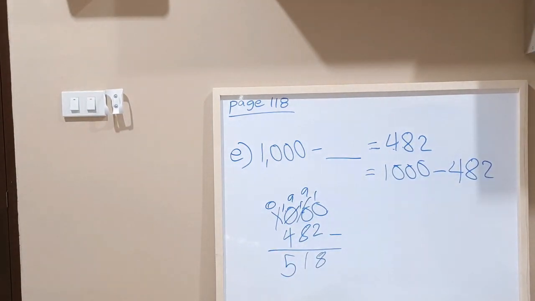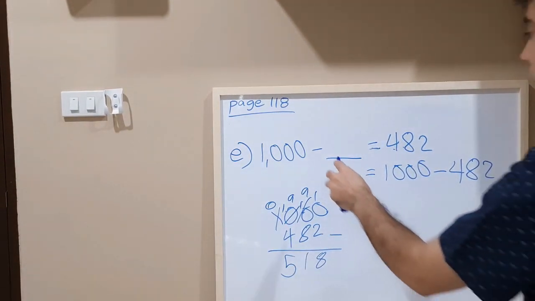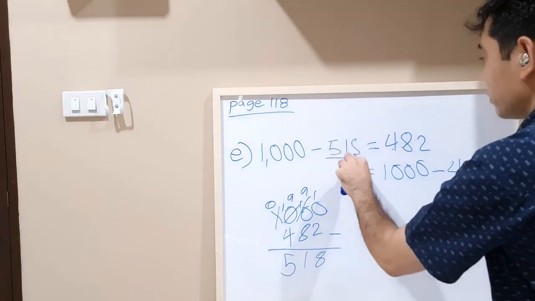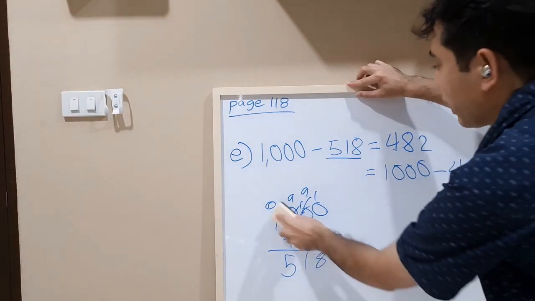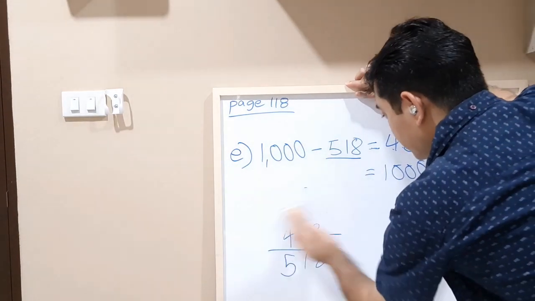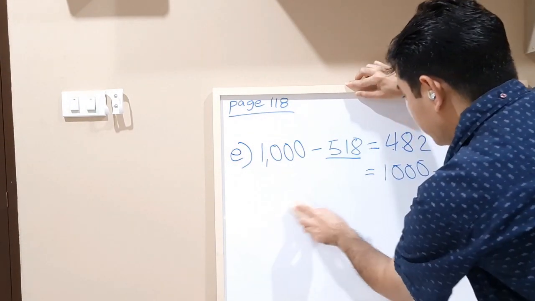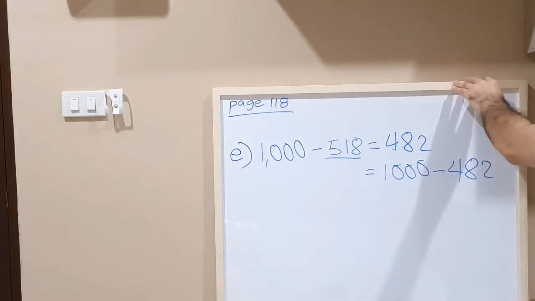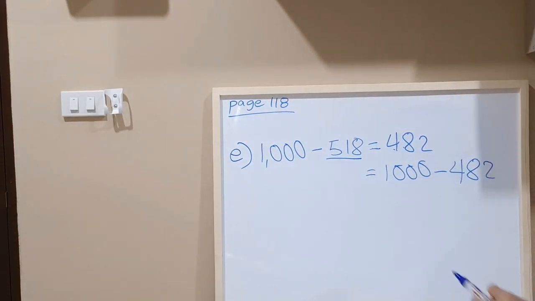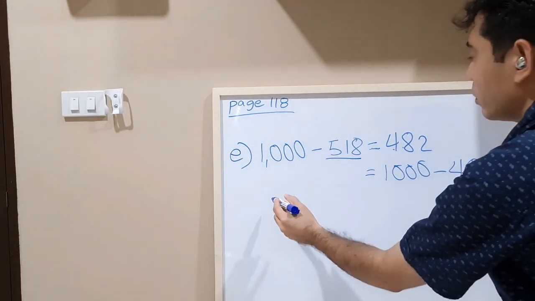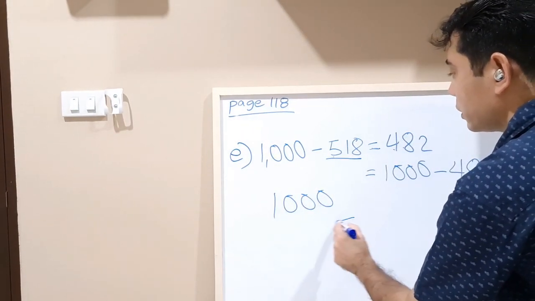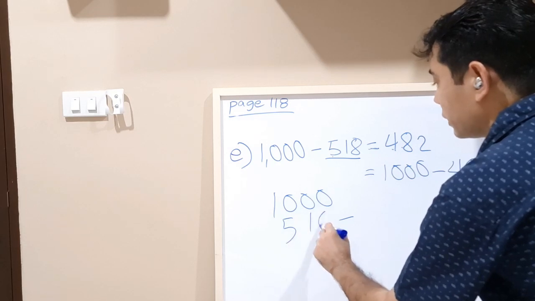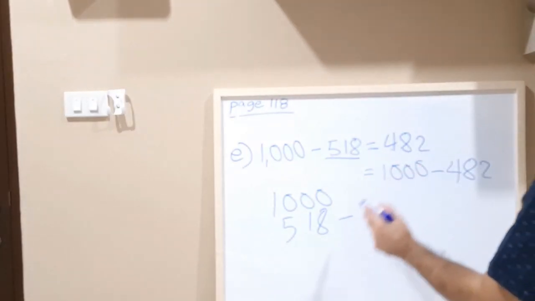So that is the answer, 518. Let us see if the number is correct. Okay, let us check if it is correct. 1000 minus 518, will it give you this one?